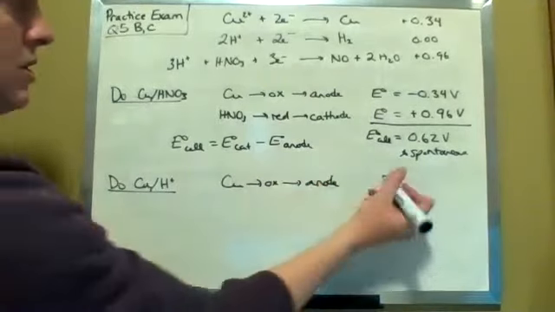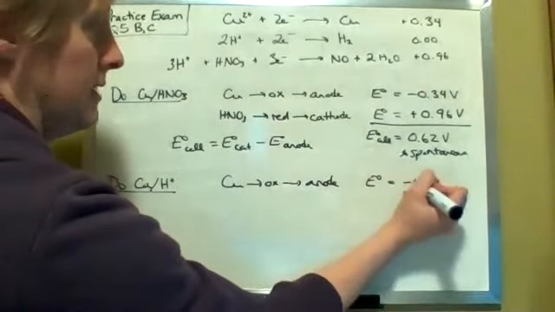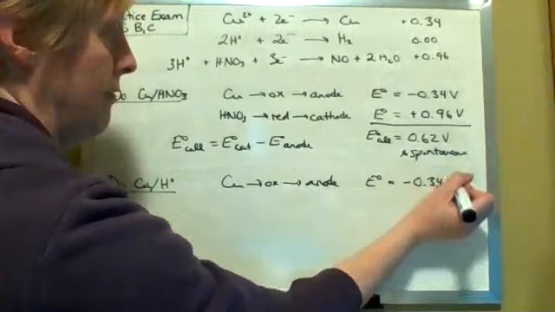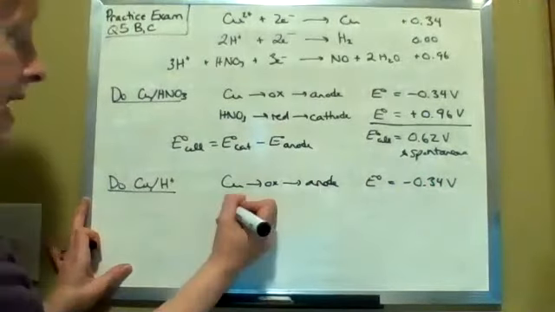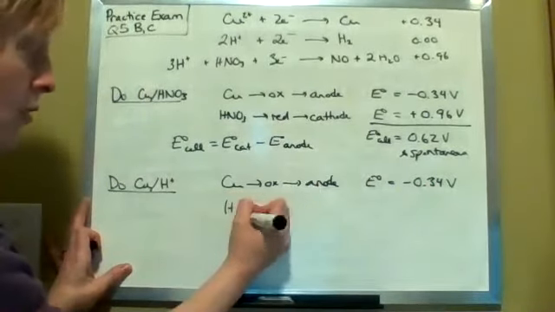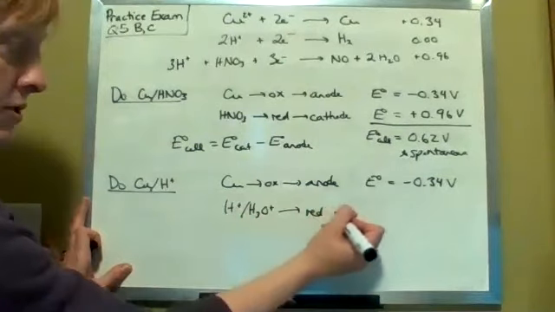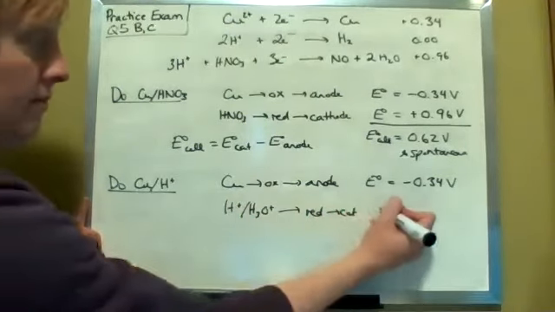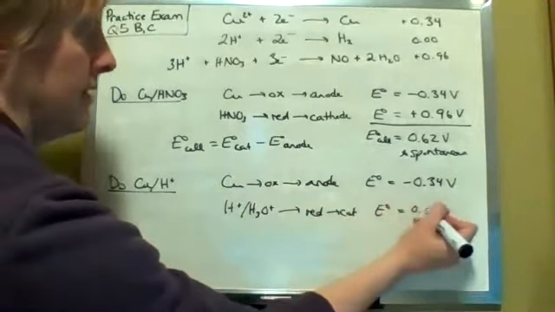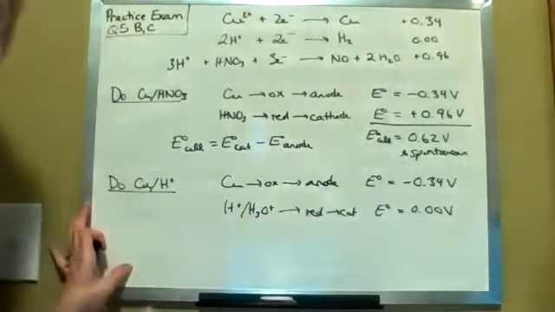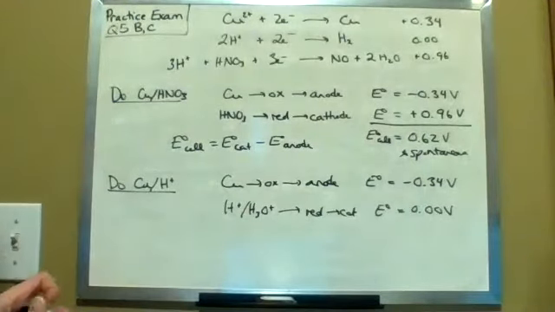I want to use this equation here, and our E naught is minus 0.34 volts. Now our H+, or H3O+, is being reduced. So this would be our cathode. Our E naught is 0. That's our standard hydrogen electrode anyway, or the SHE electrode.